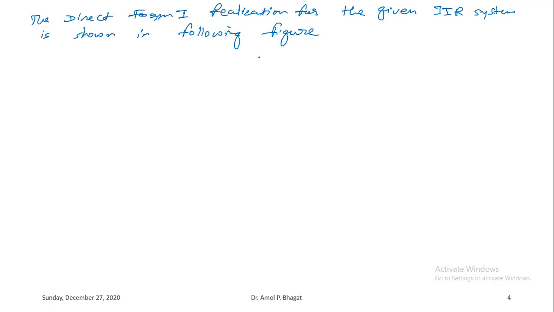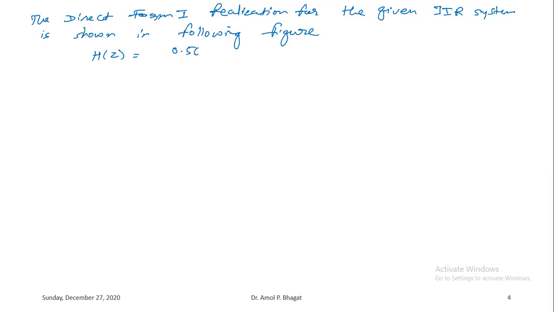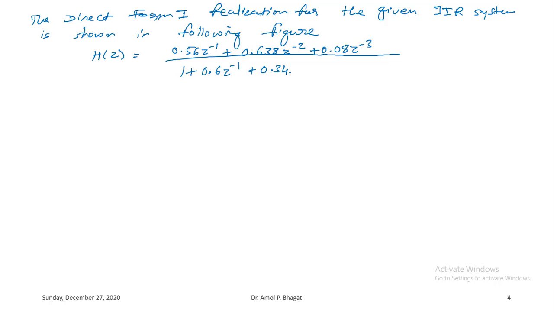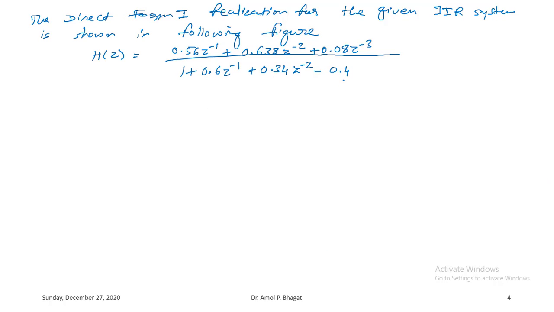Okay, so before drawing this realization structure, I will rewrite the system function here, that is H of z: 0.56 z inverse plus 0.638 z to the power minus 2, 0.08 z to the power minus 3, okay, whole upon 1 plus 0.6 z inverse, plus 0.34 z to the power minus 2 minus 0.4 z to the power minus 3, right?